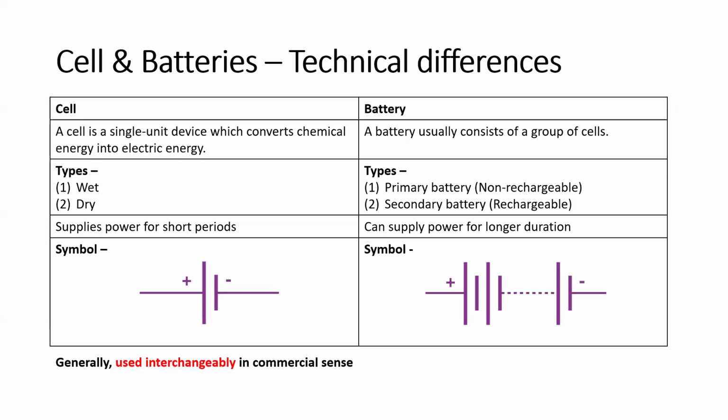Primary battery denotes batteries which are non-rechargeable, the small AA, AAA size batteries. Secondary batteries mostly are rechargeable ones, which are larger in size and can supply power for a longer duration. A cell is usually for a very short duration, and is a use-and-throw type. But in common parlance, both of these are used interchangeably.